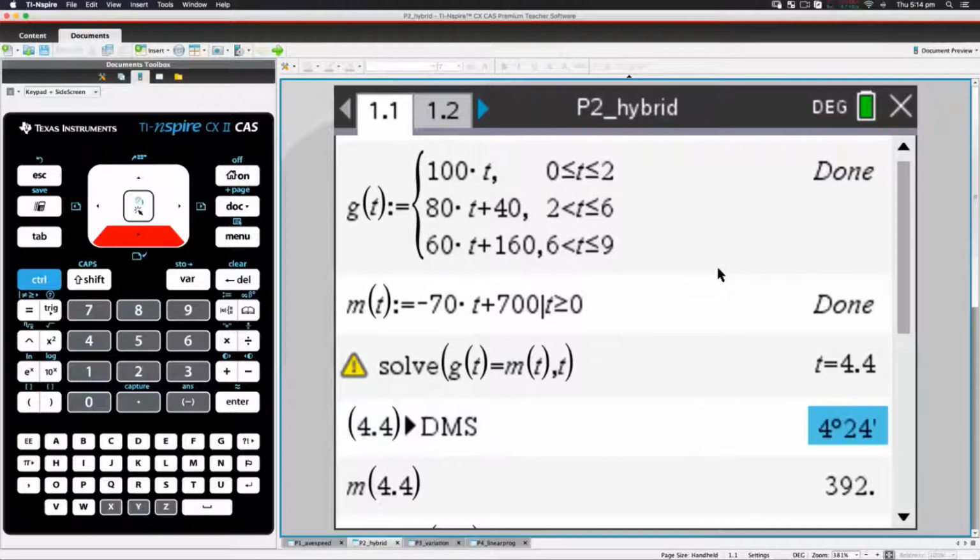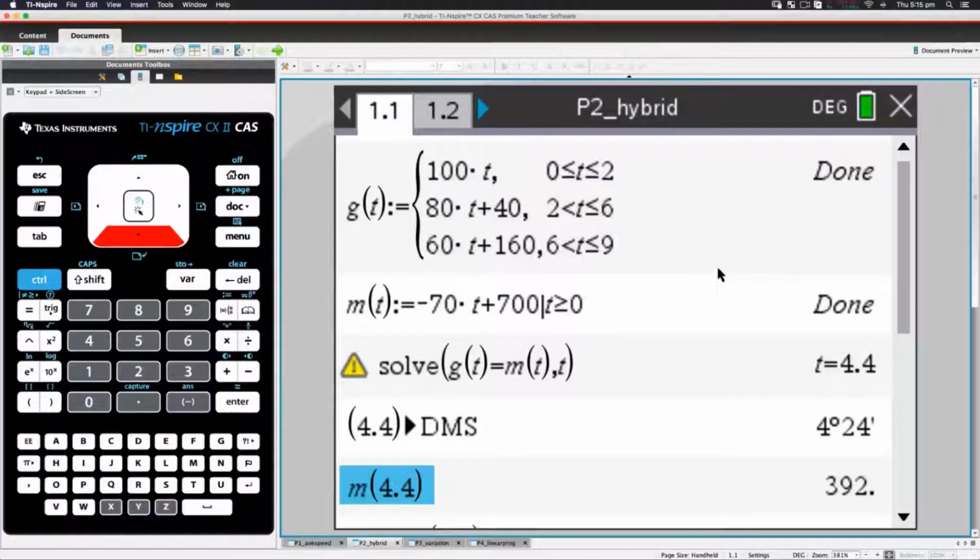Well, if you just substitute in that time of 4.4 minutes into Massimo's equation, that gives you the answer 392. But remember, 392 is Massimo's distance from the house. That's he's coming from the station.